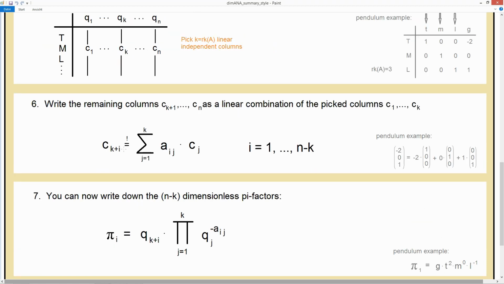So when writing this down, this has to look like this here. So the columns c_k+1 to c_n are written as a linear combination of these columns here. Maybe this is a little bit easier when we take a look at the example.